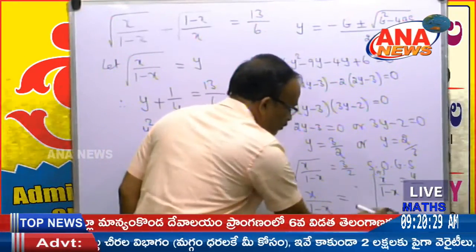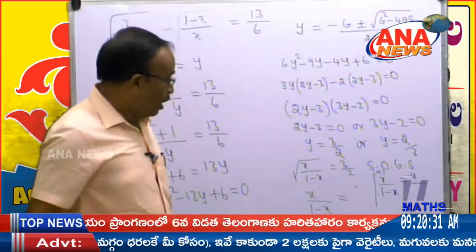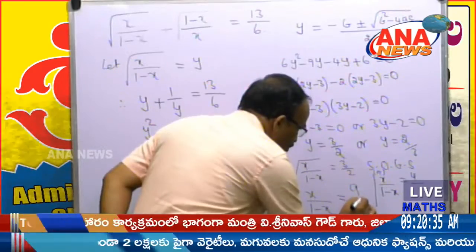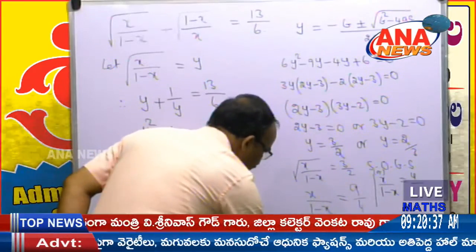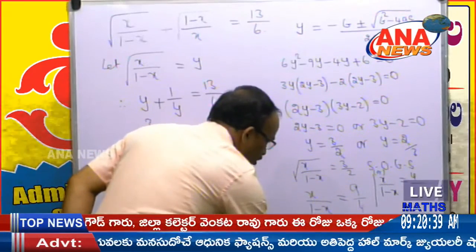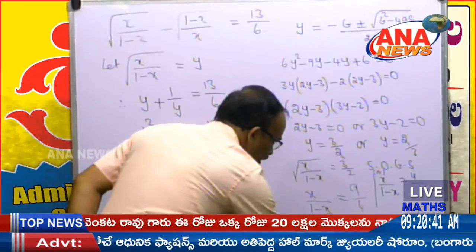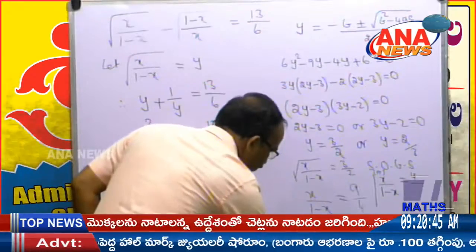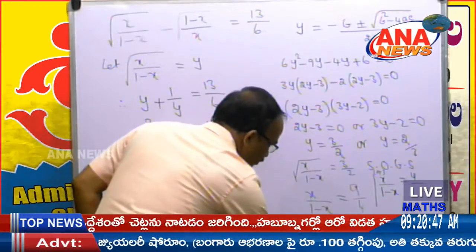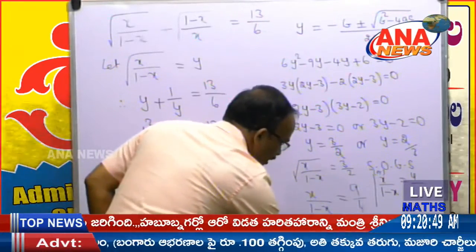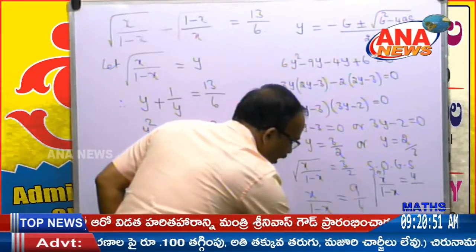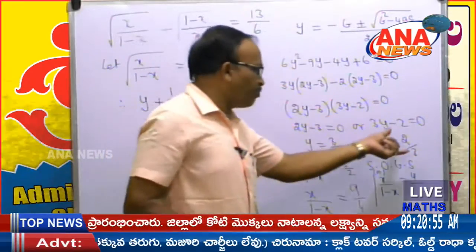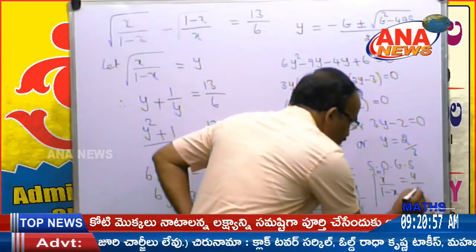After squaring, x by 1 minus x is equal to 4 by 9.